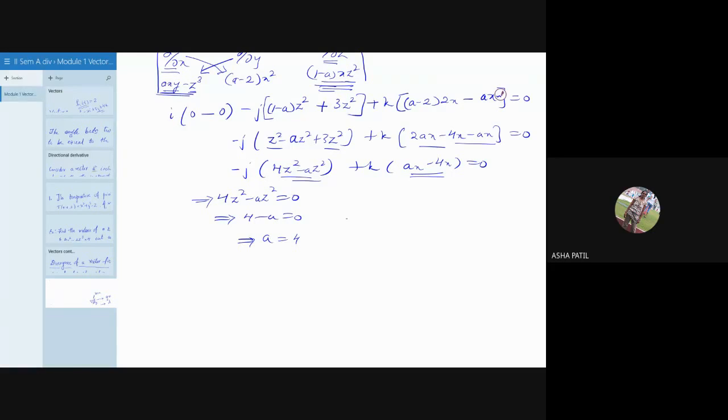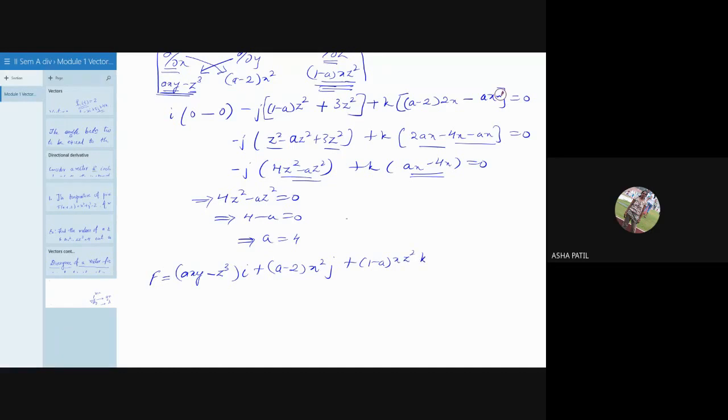I'll just write your F once again. What is your F? It is (axy minus z cube) i plus (a minus 2) into x square j plus (1 minus a) into x z square k.